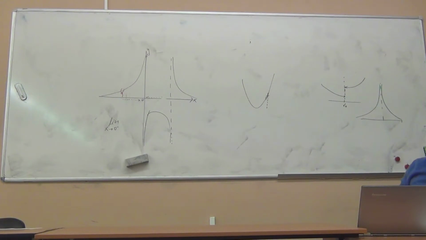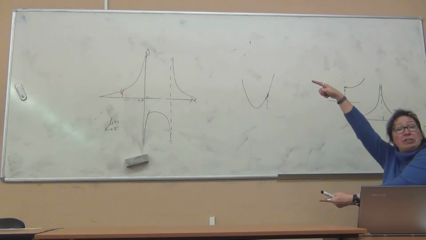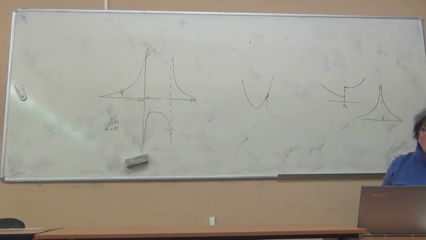So the function value at 0, f of 0, what would you say? Not defined. The function is not defined, obviously, because we can't even say it's infinity, because then it must be both infinities at once. We don't say the function value is infinity because infinity is not a value.